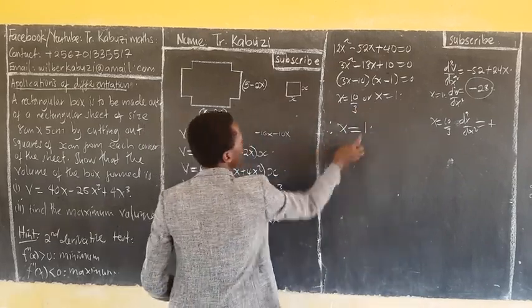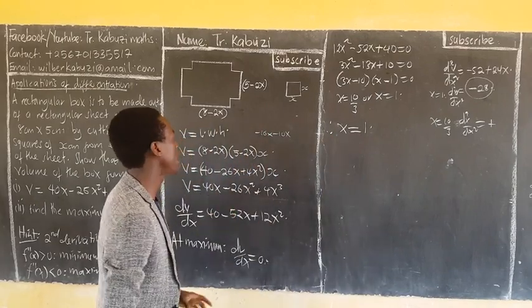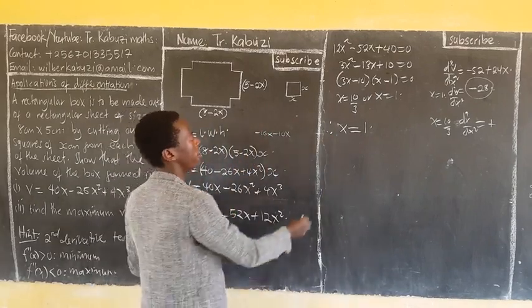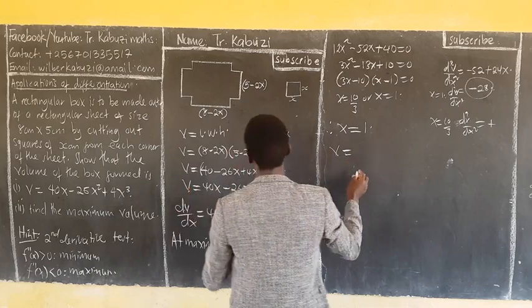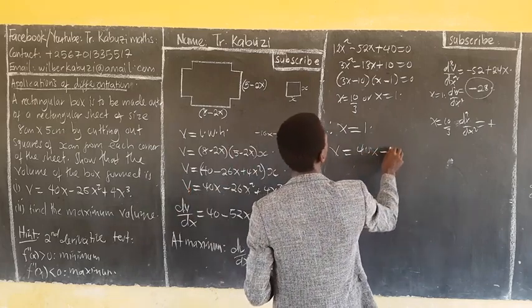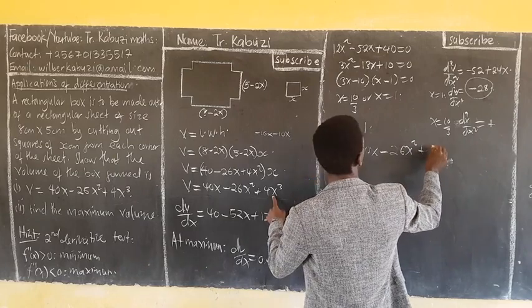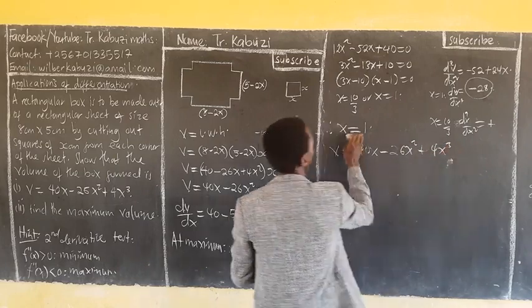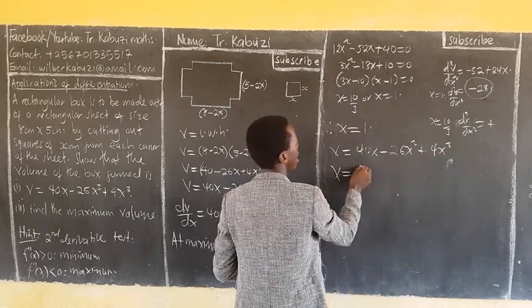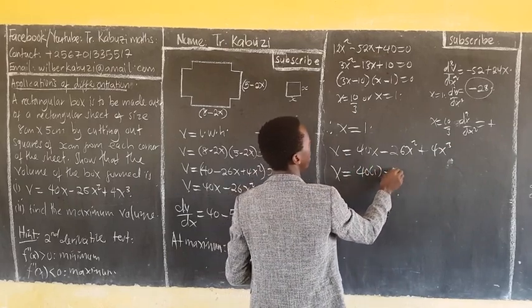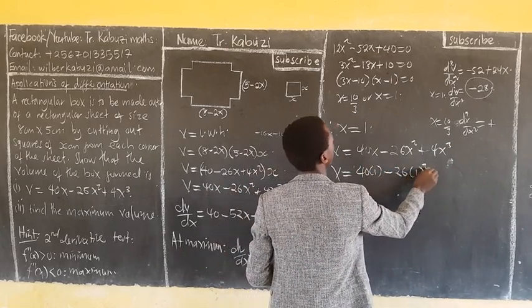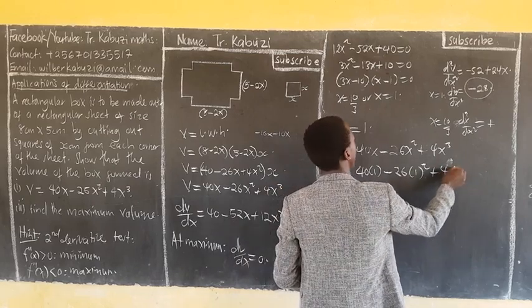So if you know now that x equal to 1 is going to give me the maximum, now I come and substitute into my volume. From my volume equaling to 40x minus 26x squared plus 4x cubed, now I put in 1, it will be 40 into 1 minus 26 into 1 squared plus 4 into 1.